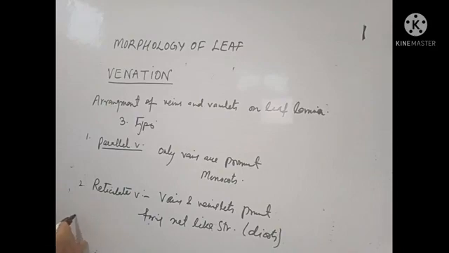One more kind of venation is called furcate venation. Here each vein divides in the shape of Y. It divides in a forked manner and forms Y shape.